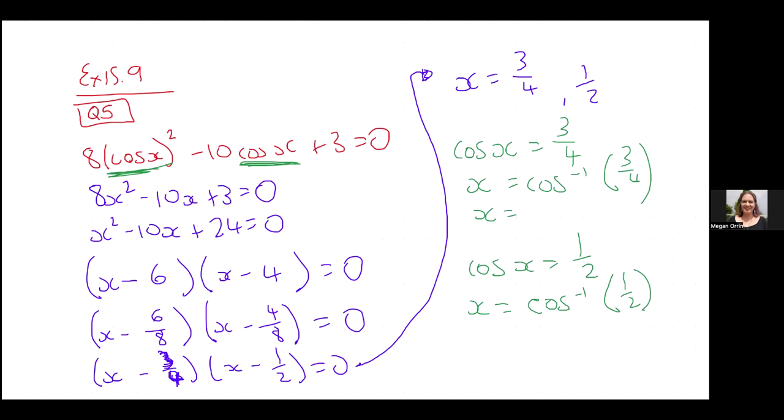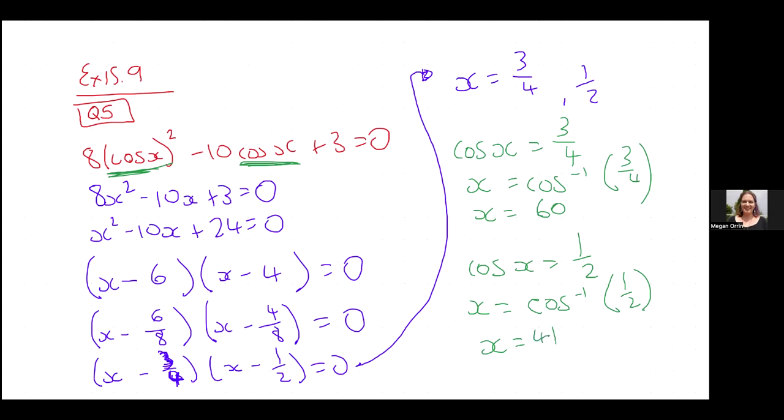Calculator people, let's go. 60 and what? 41. Yeah, 41. All right, let's go with 41.